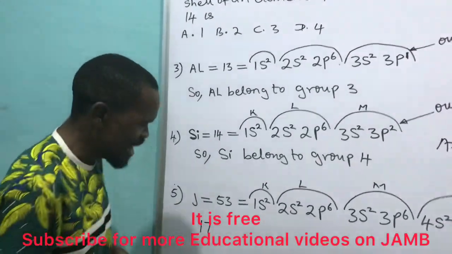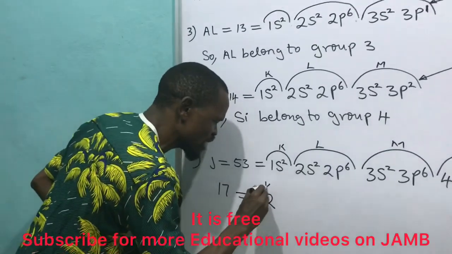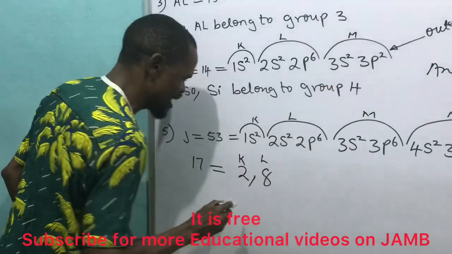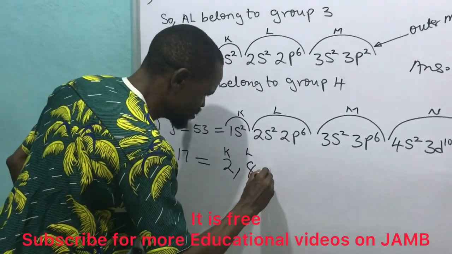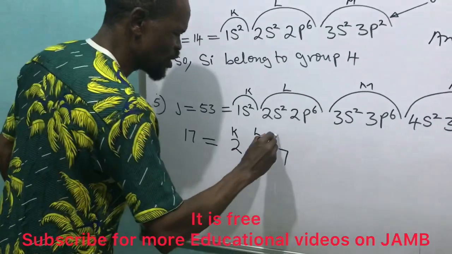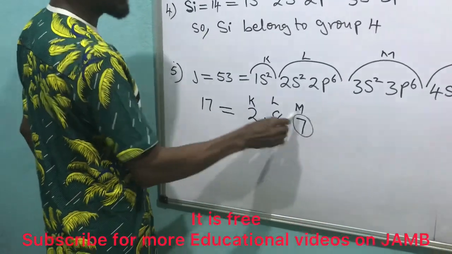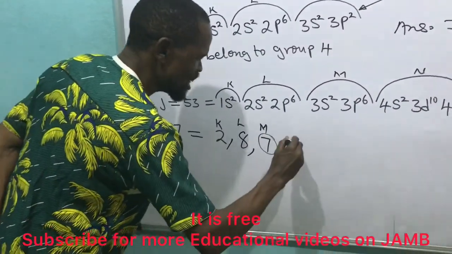What are those orbits? I have the first orbit, which is 2, the K orbit. Then 8, which is the L orbit. And what remains after that is 7, which belongs to the M orbit. And this now becomes my last shell electron count.